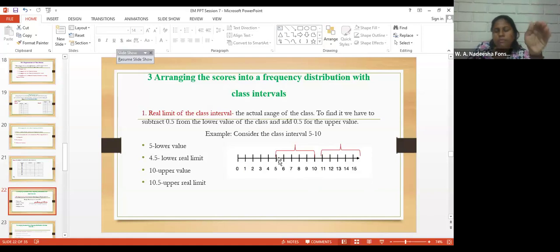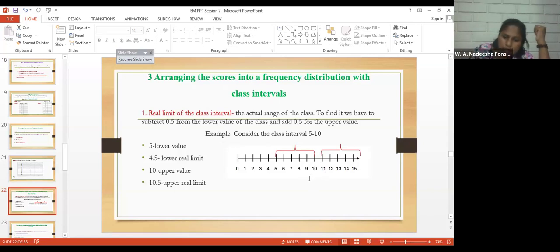So the data between 5 to 10 are here, and the data between 11 to 16 are here. So what about the data between 10 and 11? If there is a data point like 10.6, what happens to it? That is why we have to use this real limit or actual range of the class intervals.